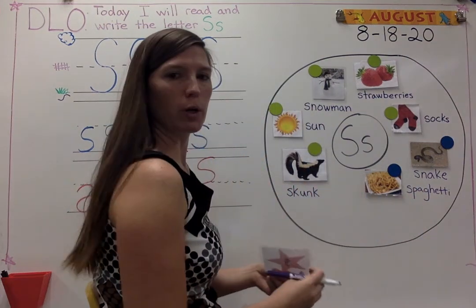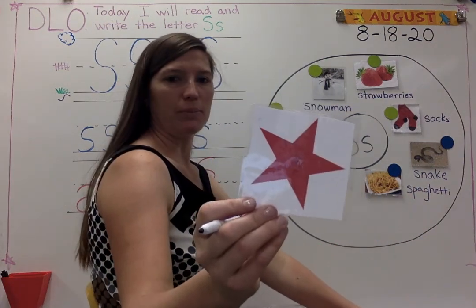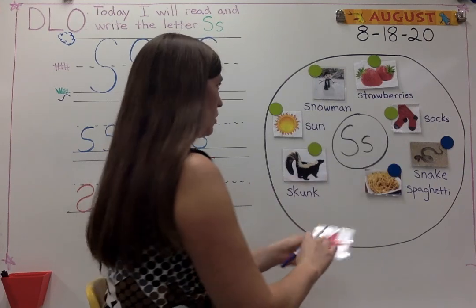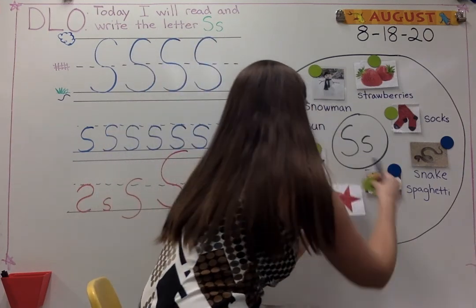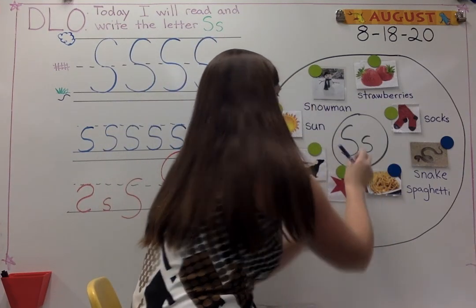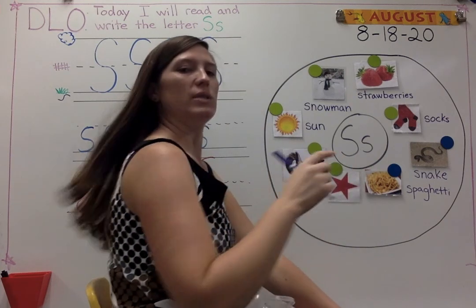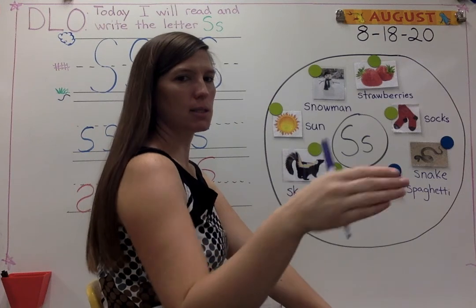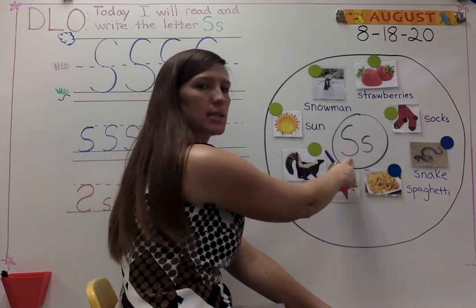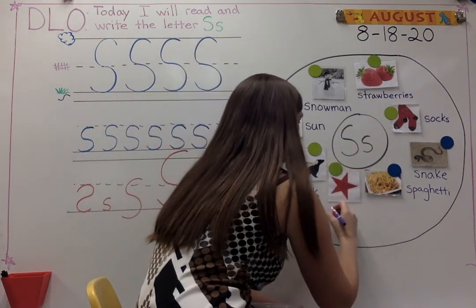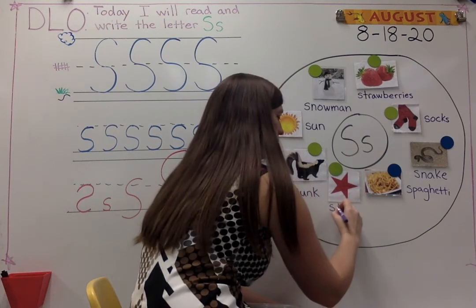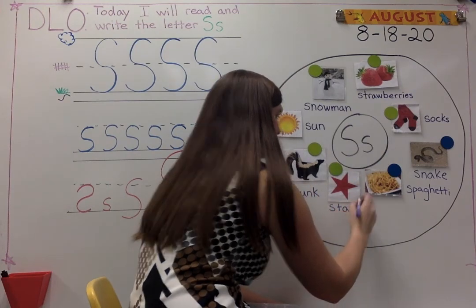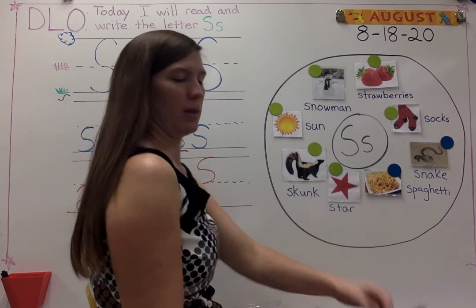Spaghetti. Two more. What shape is that? Star. What's the initial sound when we say star? S. What letter says S? Last one.